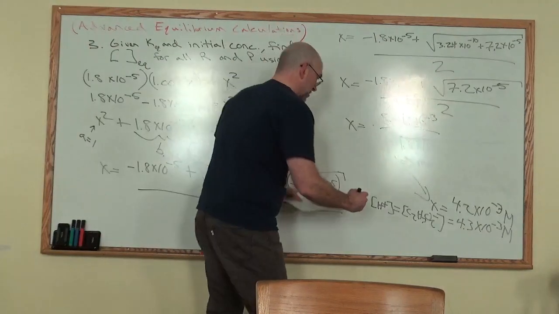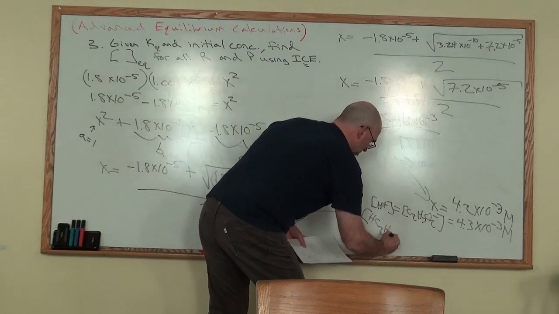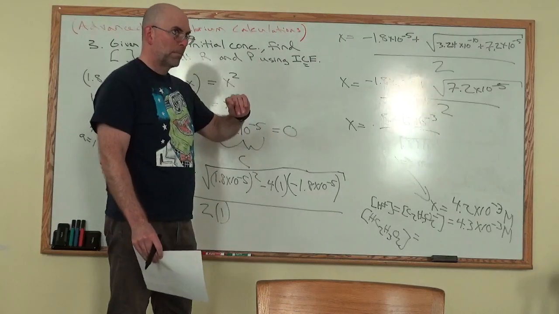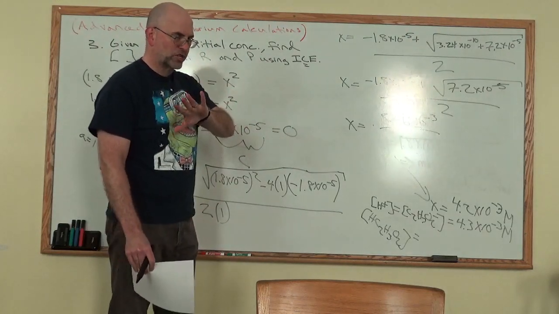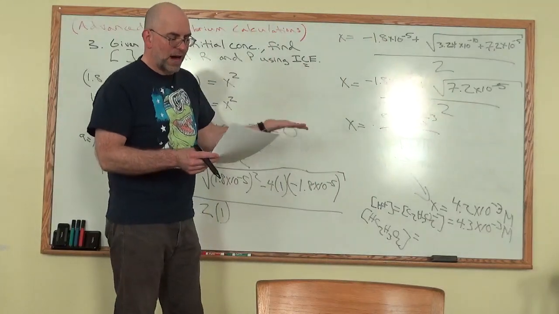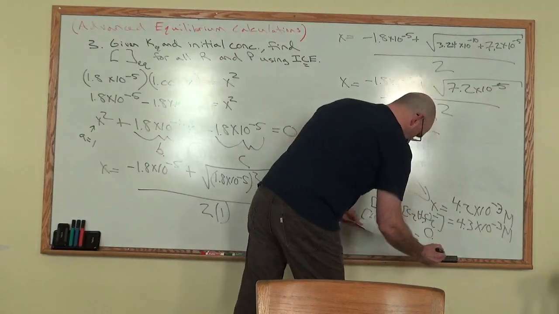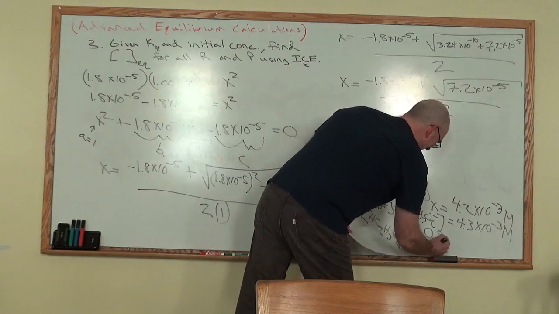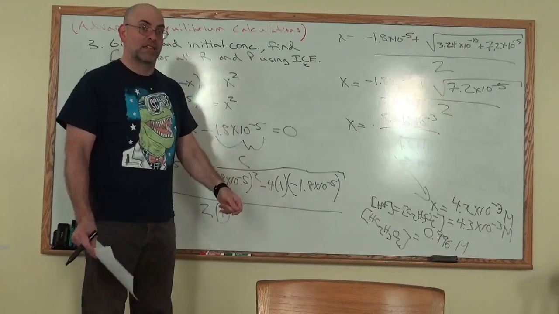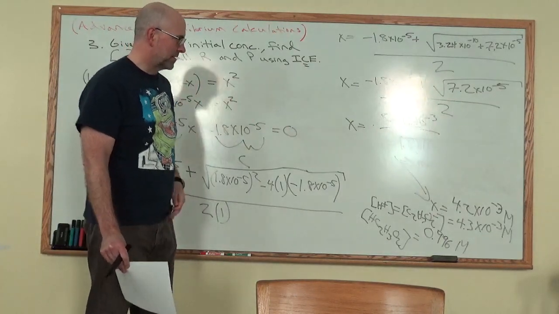And the concentration of HC2H3O2 equals 1.00 molar initial concentration minus x. I think you can do that math on your own. So you just take 1 minus x and you get 0.996 molarity, which makes complete sense because it doesn't change much from the initial molarity.